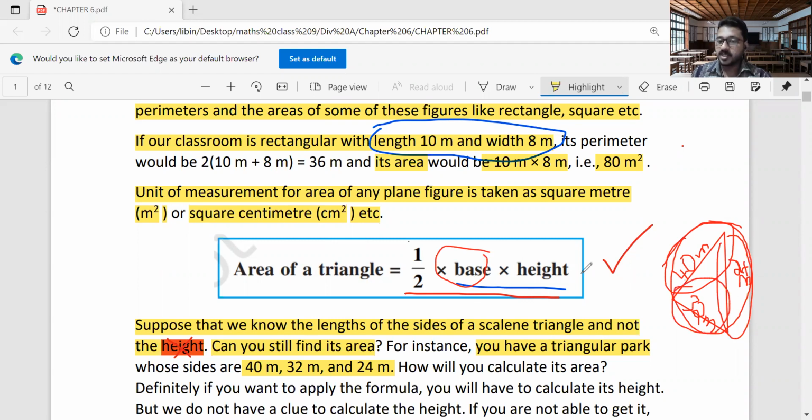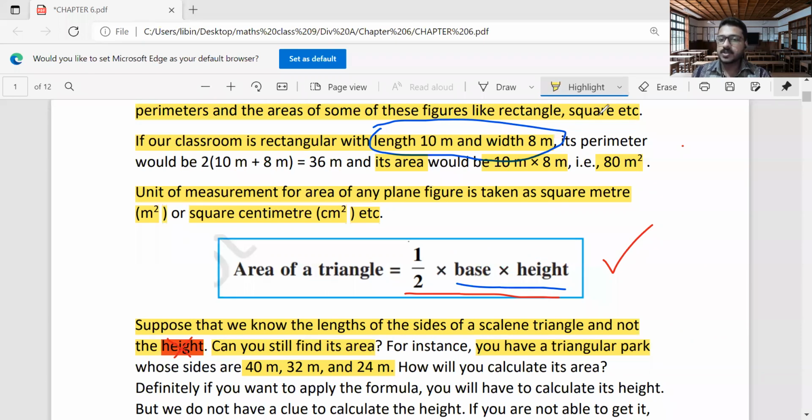But the problem is, what is the height? We are not given any clue regarding the height of this triangular area. So in such cases, how are we going to apply this formula?